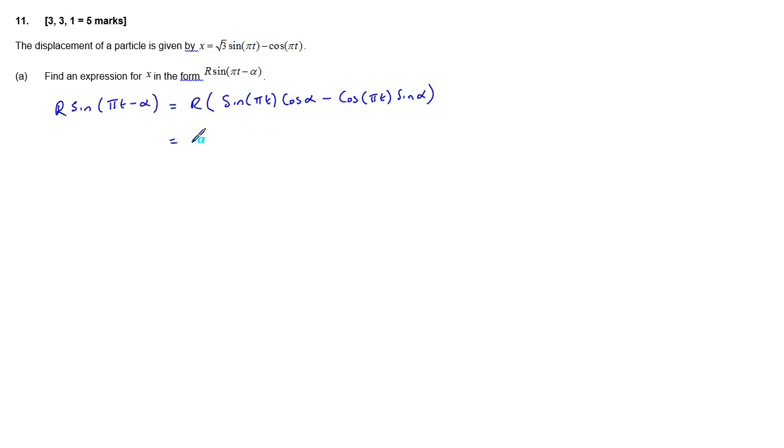And then expanding, we can write that as r cos alpha sine pi t minus r sine alpha cos pi t. Comparing coefficients, we can see that r cos alpha must be equal to root 3 and that r sine alpha is equal to 1.